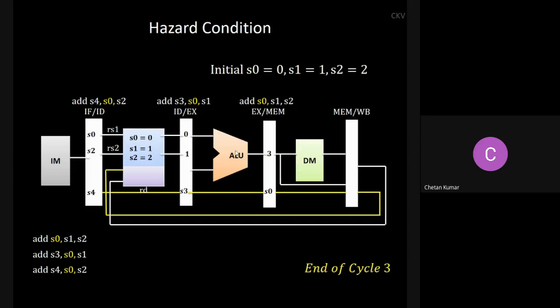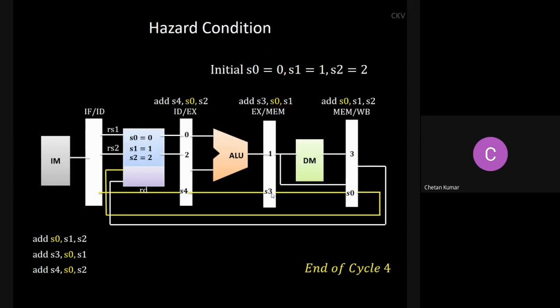So if I execute one more clock cycle, your instruction 3 will go to the third stage for writing back. It's still not written back yet, but at the same time, you have already computed with S0 and S1, assuming the old value of S0, which is not correct. And you are trying to store 1 in S3.